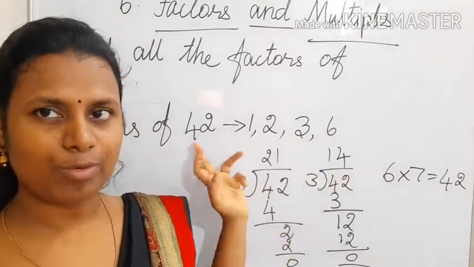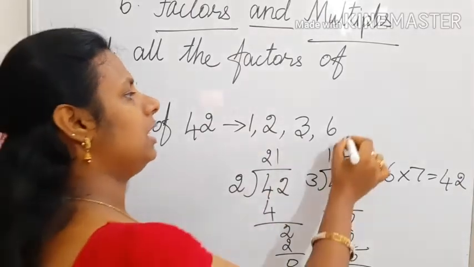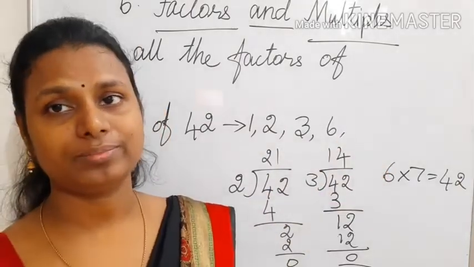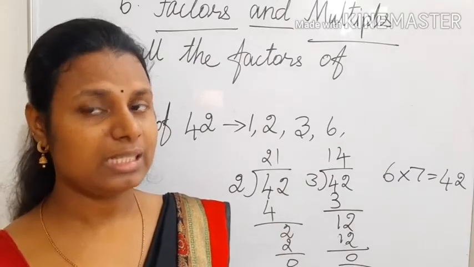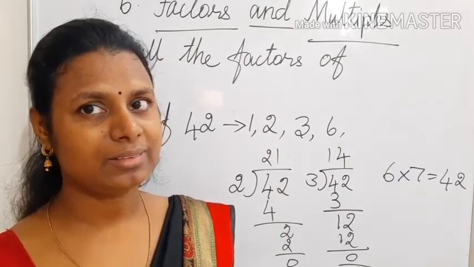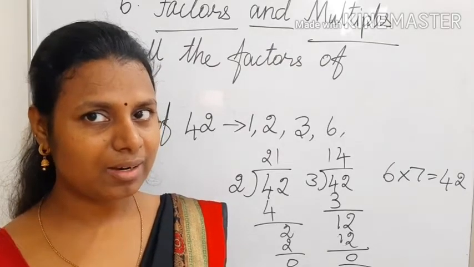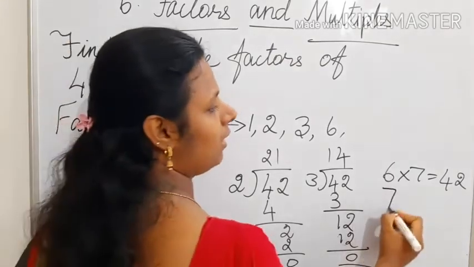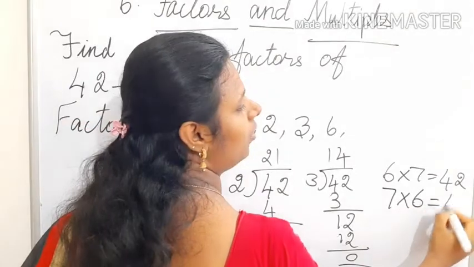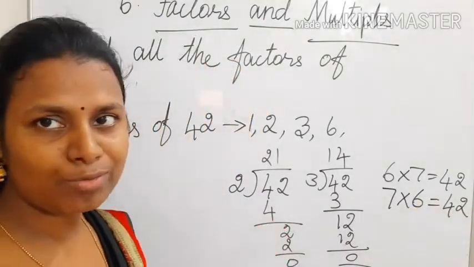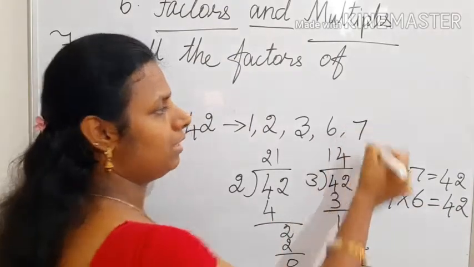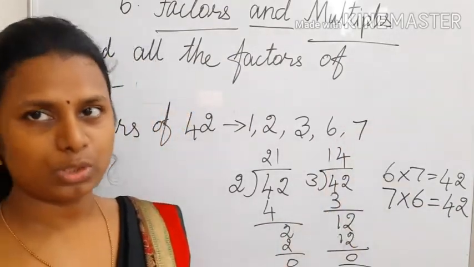Now, shall I take the next number, 7? 7 fives are 35. 7 sixes are 42. So can I take 7 as a factor of 42? So 7 is a factor of 42.